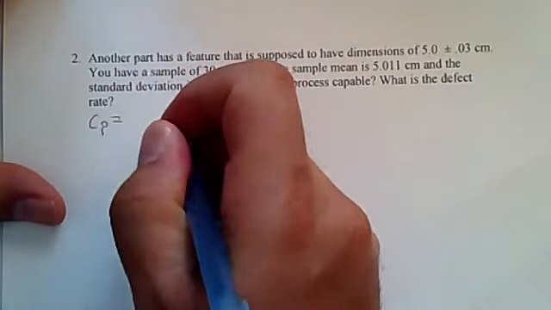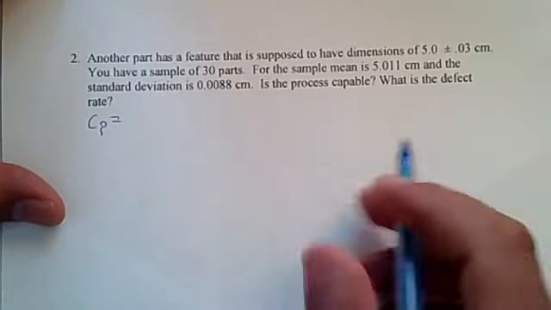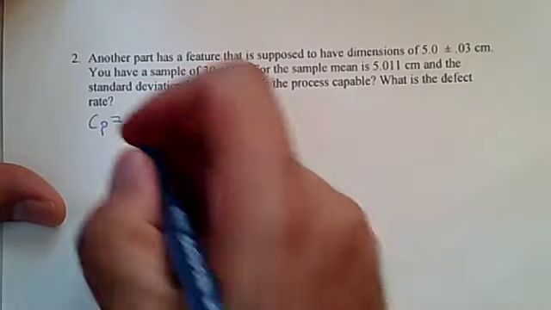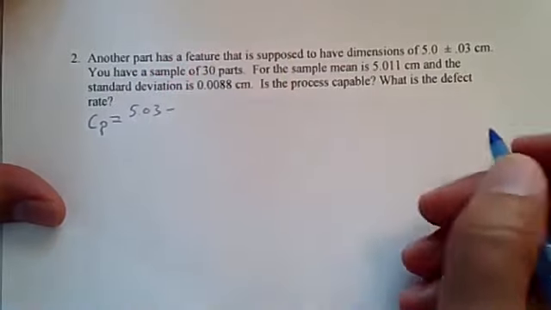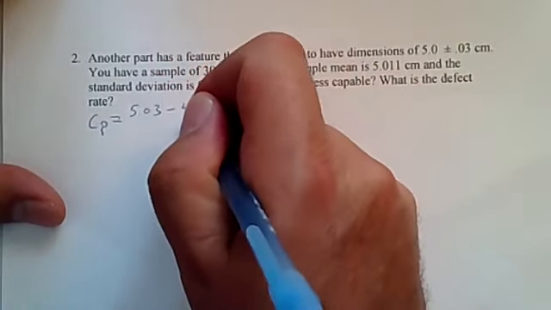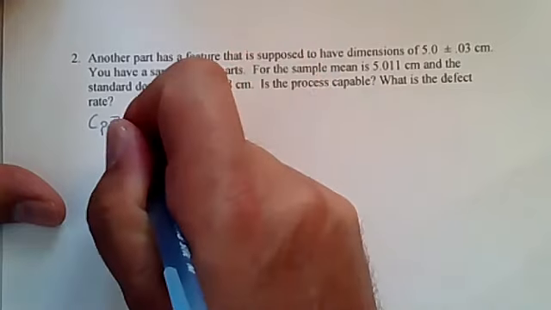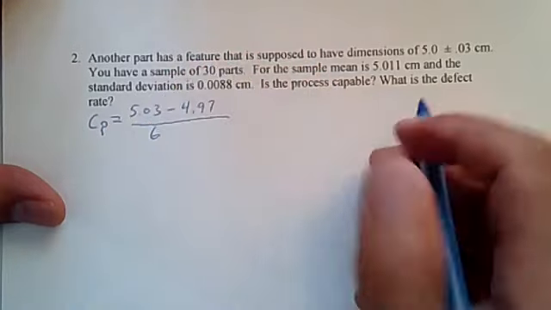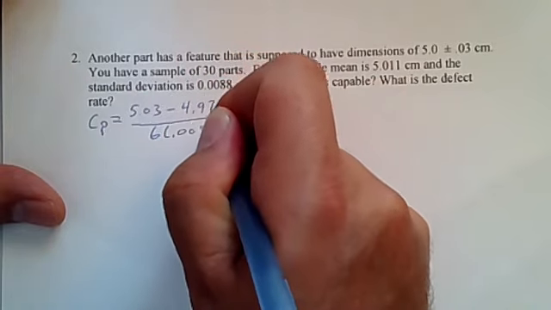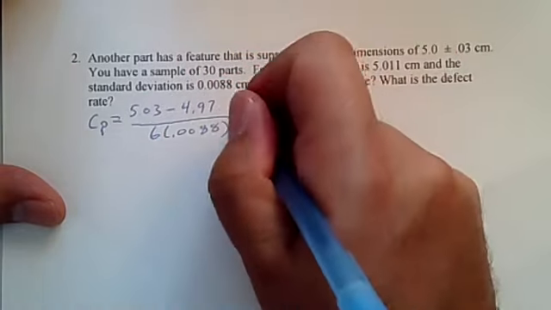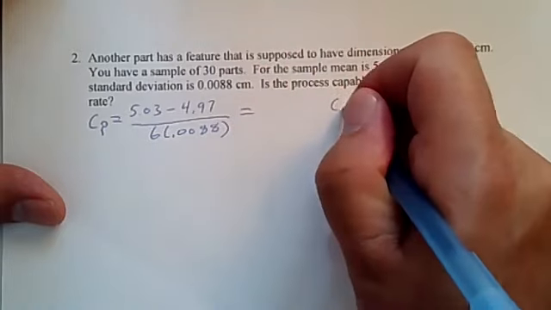I already wrote the equations out. So the CP is equal to the upper specification limit, which in this case is 5.03, minus the lower specification limit, which is going to be 4.97, divided by 6 times 0.0088. We'll find that in a minute.